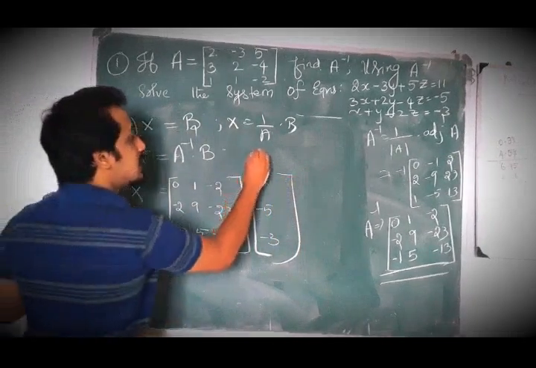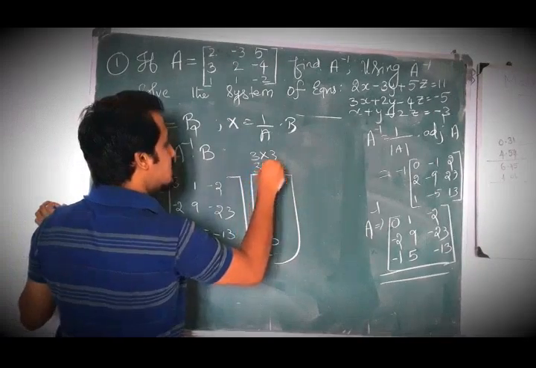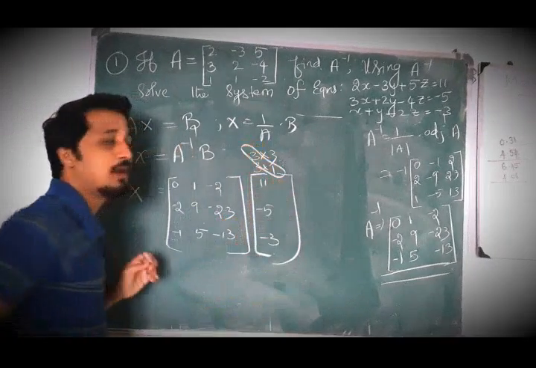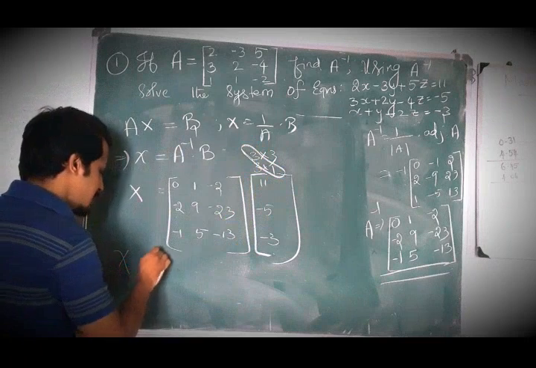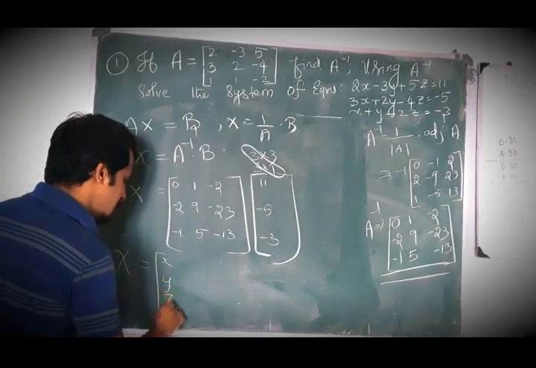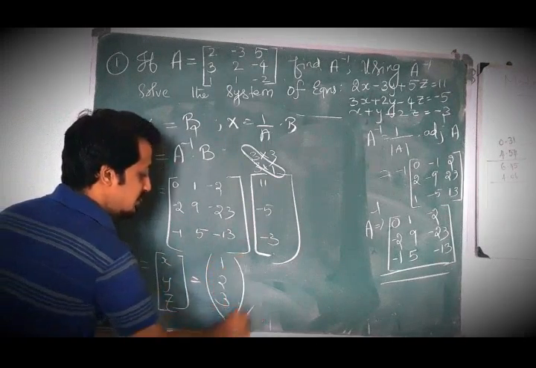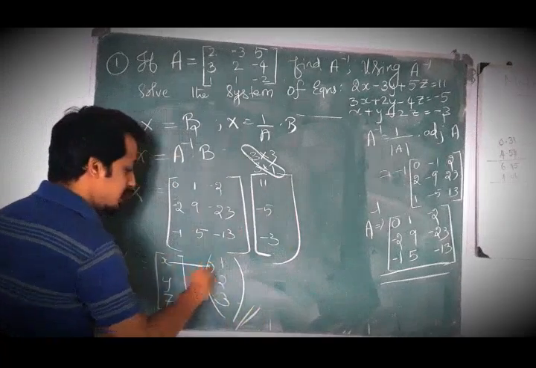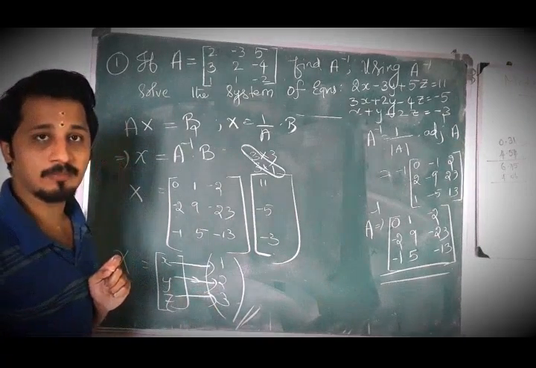This is a 3 by 3 matrix and this is a 3 by 1 matrix. The resultant matrix will be of order 3 by 1. That is, x, y, z is equal to 1, 2, 3. That means the value of x is 1, value of y is 2, value of z is 3.